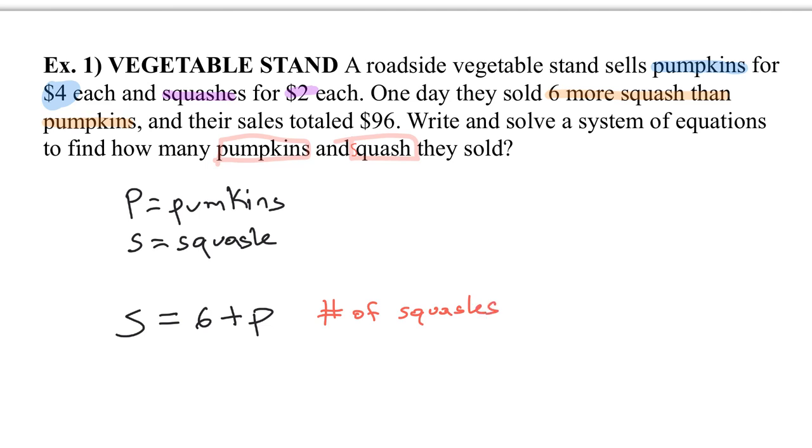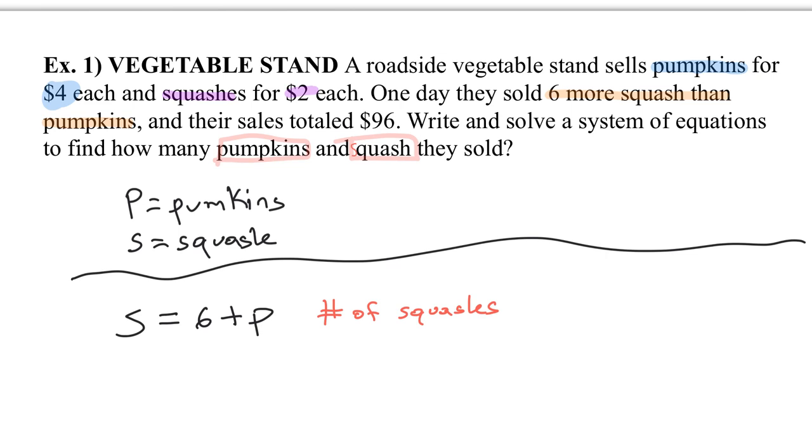Now we need another equation. A system has 2 equations. So the next one is going to be the price. You use the price of the 2 vegetables and the amount they made to get the next equation. So for the next one, I'm going to multiply the actual value, the price of pumpkins and squashes. Pumpkins is $4. So I'm going to take 4 times P. I multiply the number of pumpkins times the price.